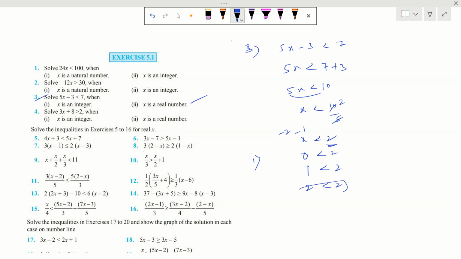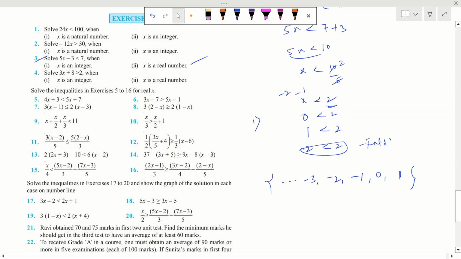We can write the solution set as all negative numbers, going on continuously: minus 3, minus 2, minus 1, 0, 1. This is the solution set of the first case.